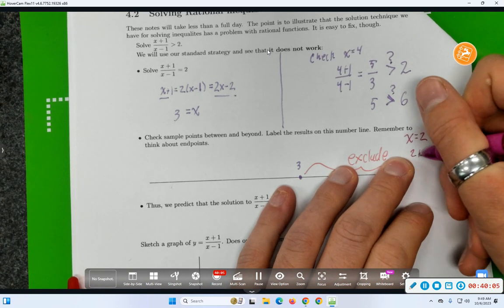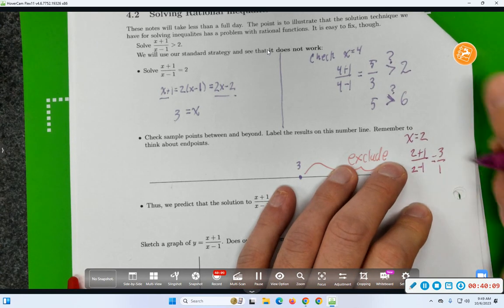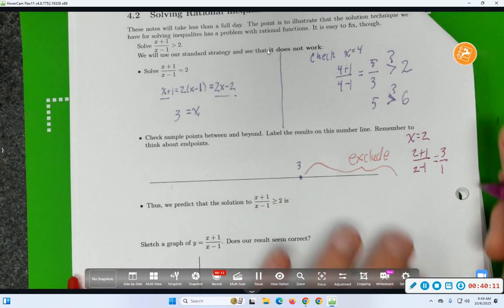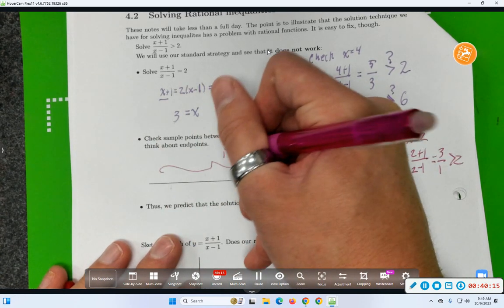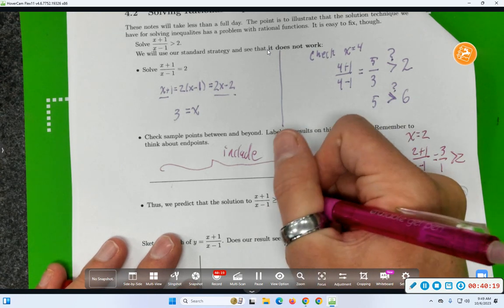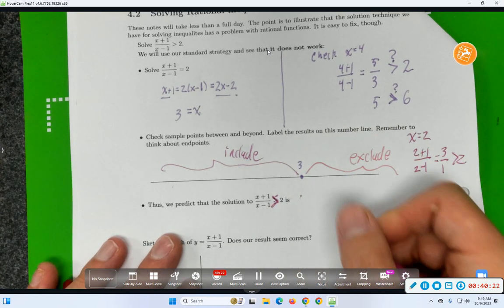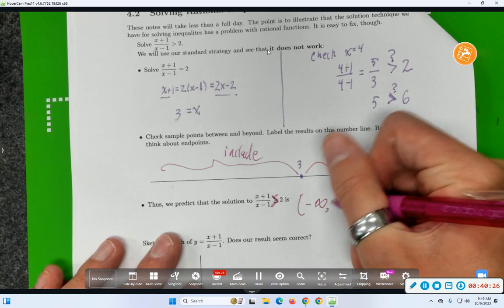We'll get 2 plus 1 over 2 minus 1. That's 3 over 1. Is that bigger than 2? So it sure looks like by this, all of these should be included. So it looks like the solution that I'm seeing, I wanted to solve strict inequality, not loose inequality, is negative infinity to 3.